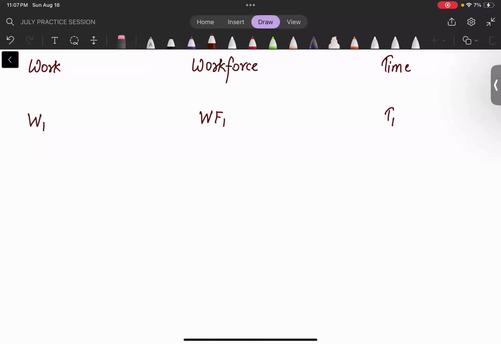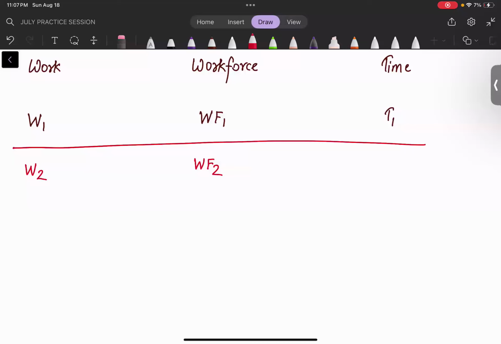These are the values for the first situation. Suppose these are the values for the KodNest company. Now there is one more company, XYZ. The work there is W2, the workforce there is WF2, and the time they are taking is T2.